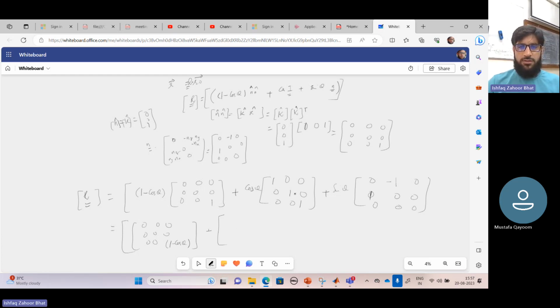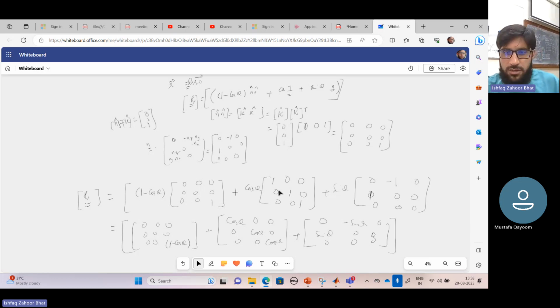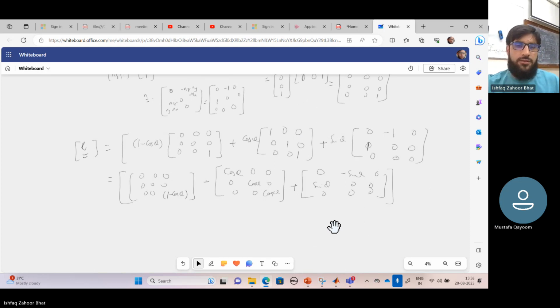So here also everything will be 0, only this will be cos of theta, and this will be cos of theta, and this will be cos of theta, plus. This will be 0, this will be sine of theta, this will be 0, minus sine of theta, this will be 0, 0, 0, and zeros. I hope I have not made any mistake.